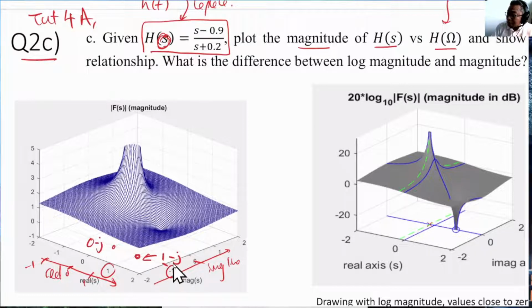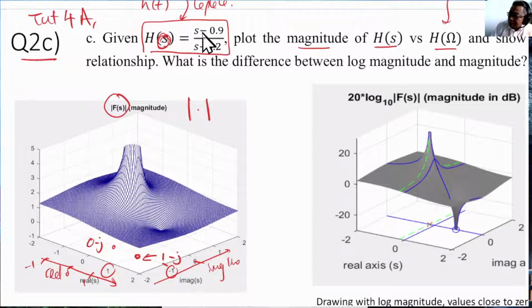By substituting different s into the above, we can plot the surface. Remember that if we put a complex number in, typically a complex number comes out. But we are plotting the magnitude, so we are taking only the absolute value of the complex number that comes out.